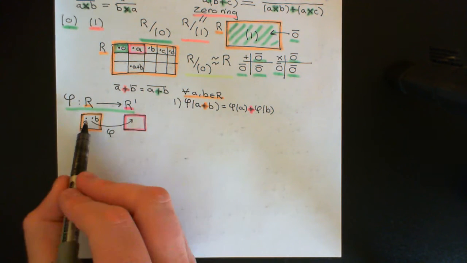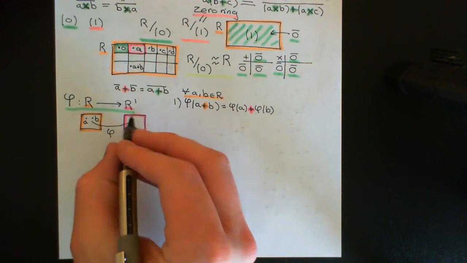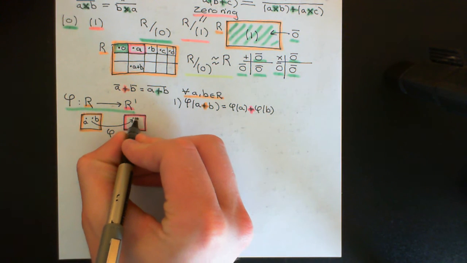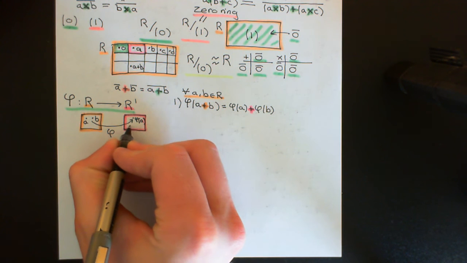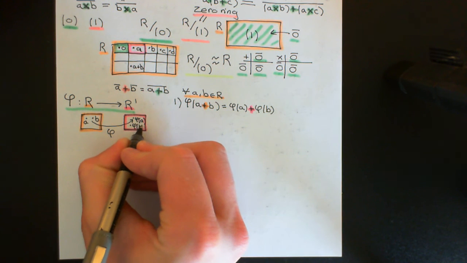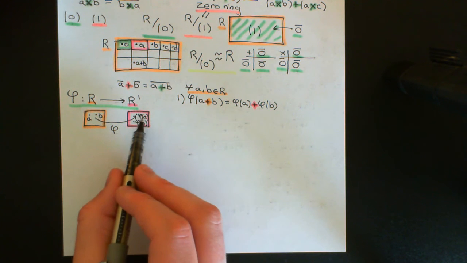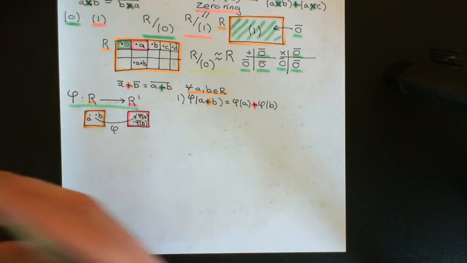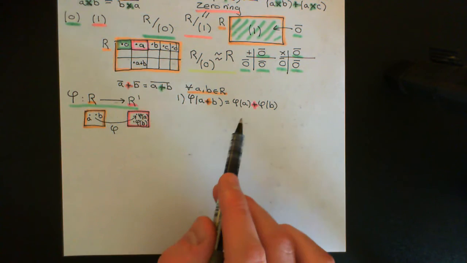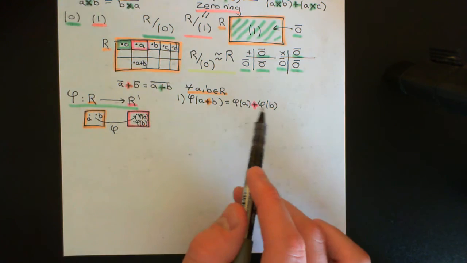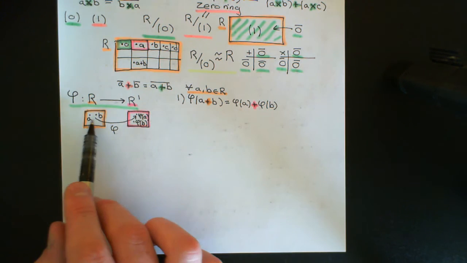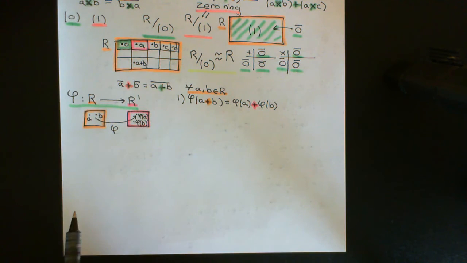A and B are both mapped onto elements in the codomain ring, and I'll try to squeeze this in. A will be mapped onto phi of A, and B will be mapped onto phi of B. They're not necessarily distinct, they might be mapped onto the same thing. I'm just calling them this for want of better notation. Phi of A is what A is mapped onto, and phi of B is what B is mapped onto by the ring homomorphism.